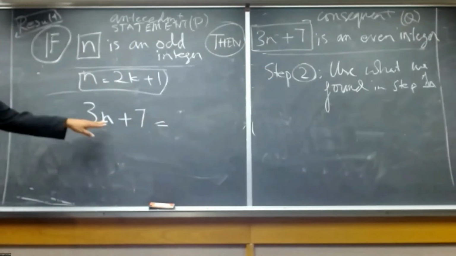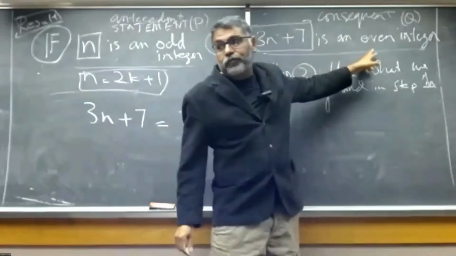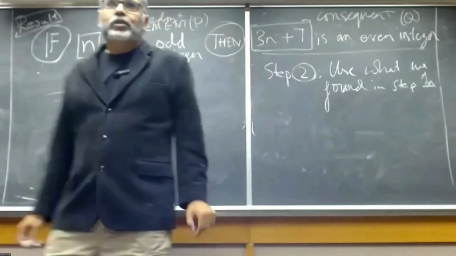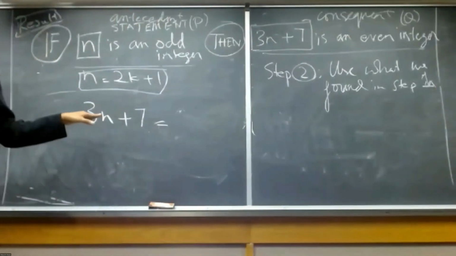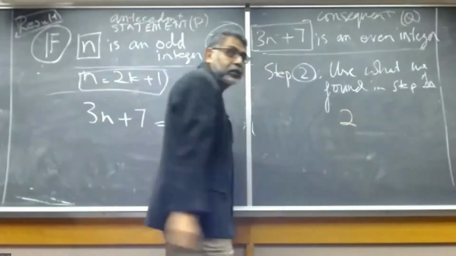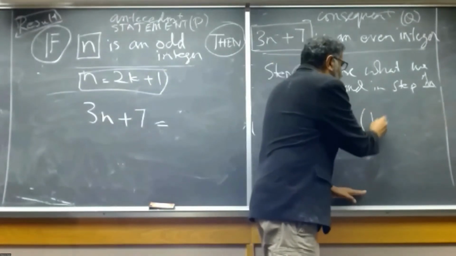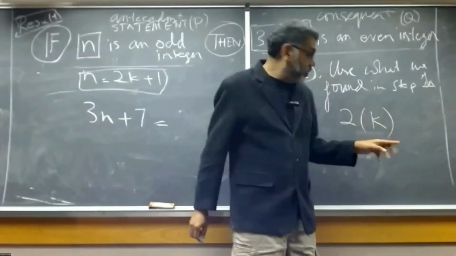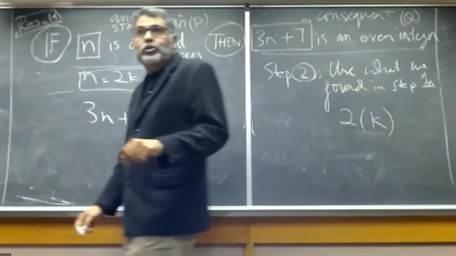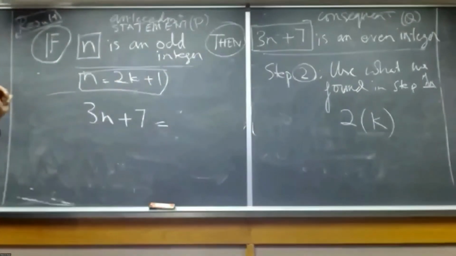We want this expression to look like the expression for even integers. We want to move things around so that by the end we have a 2 in the front and then whatever after that, something like that 2k thing, because 2k are even numbers, 2k plus 1 are odd integers.